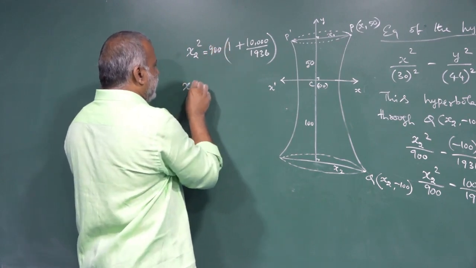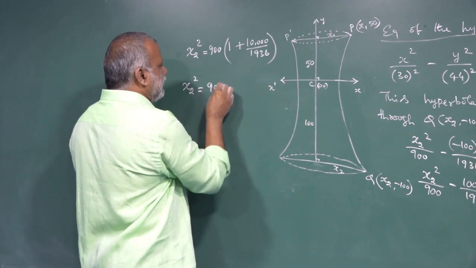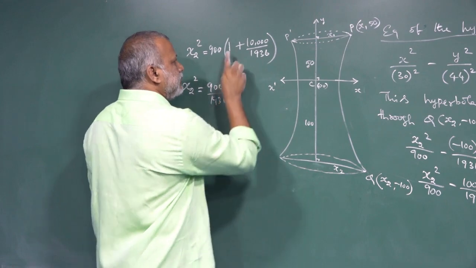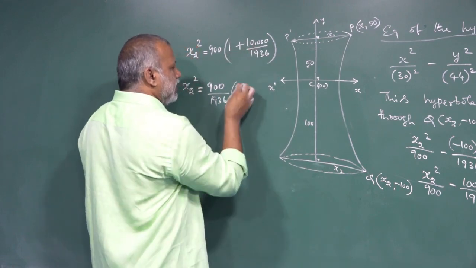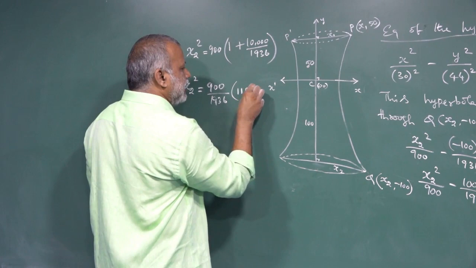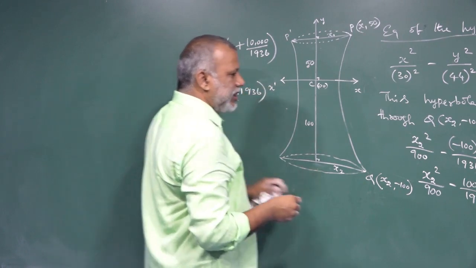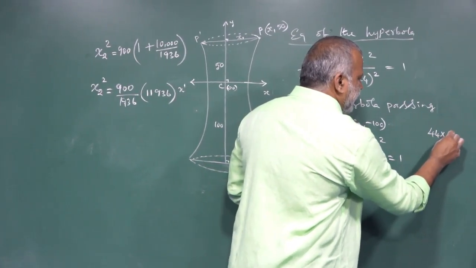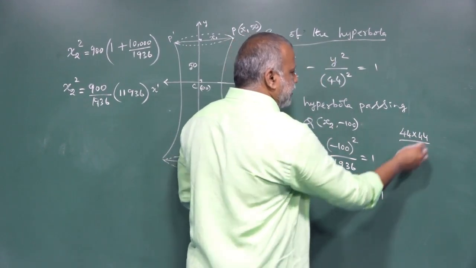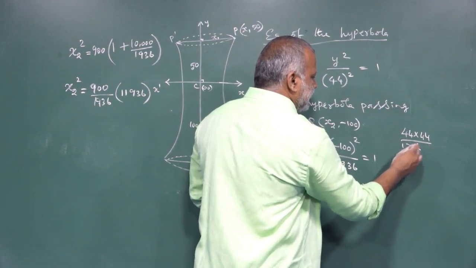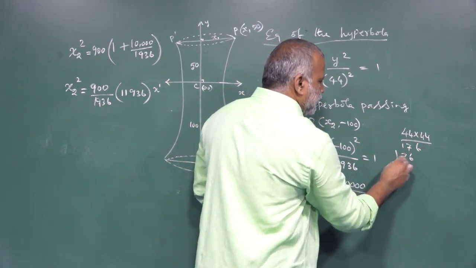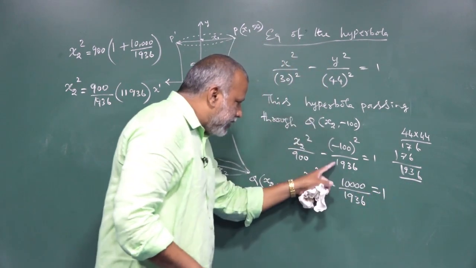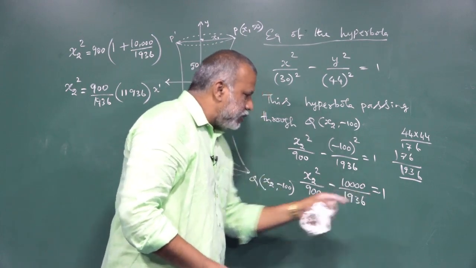So x2 squared equal to 900 divided by 1936, again if you are taking an LCM, this is added with 10,000, we can get 11,936. Listen carefully, here we are getting 44 squared. Already we worked out that 44 squared is nothing but 44 multiplied by 44, 176, again 176, adding this we can get 1936.